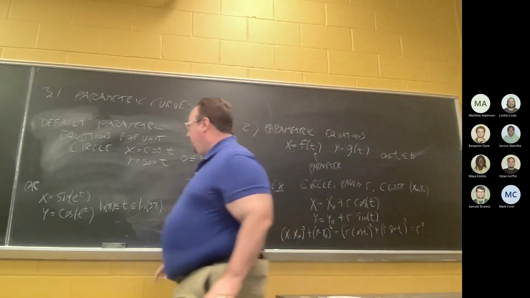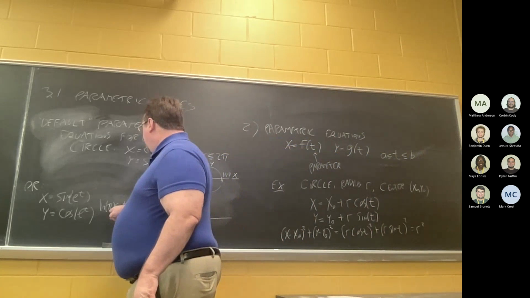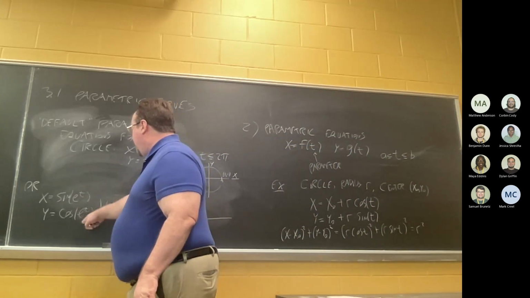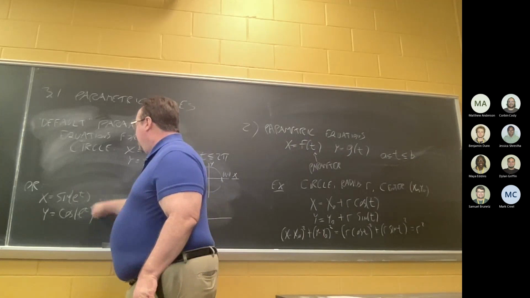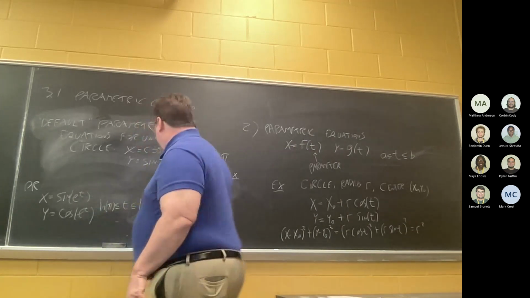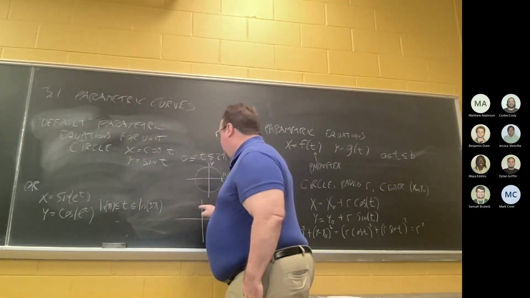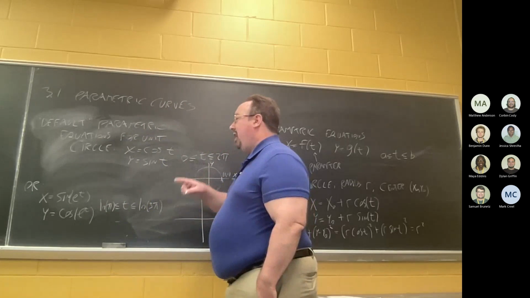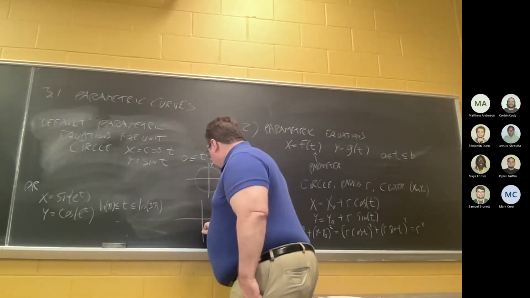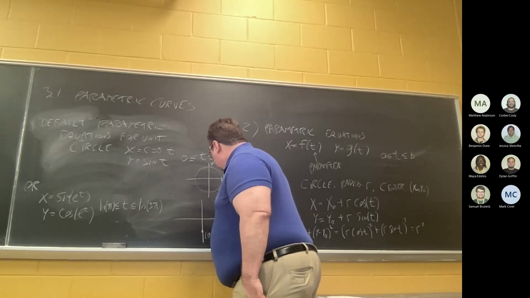When t is equal to natural log of pi, you plug in natural log of pi here, but e will cancel the log, so you have sine and cosine of pi. So the x coordinate will be 0. The y coordinate is cosine of pi, which is negative 1. So that's your starting point.